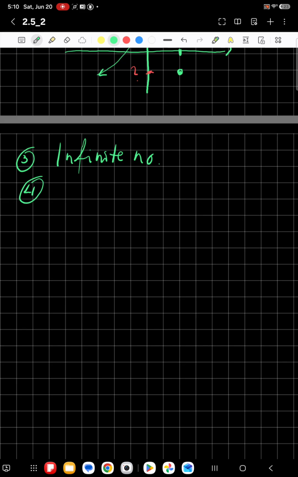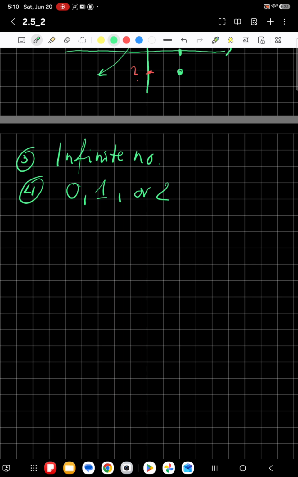Number 4. Is that infinite as well? Well, not really. We can have 0 horizontal asymptotes, 1 horizontal asymptote, or 2, because we cannot have more: we have positive infinity and negative infinity, and we don't have a third option.